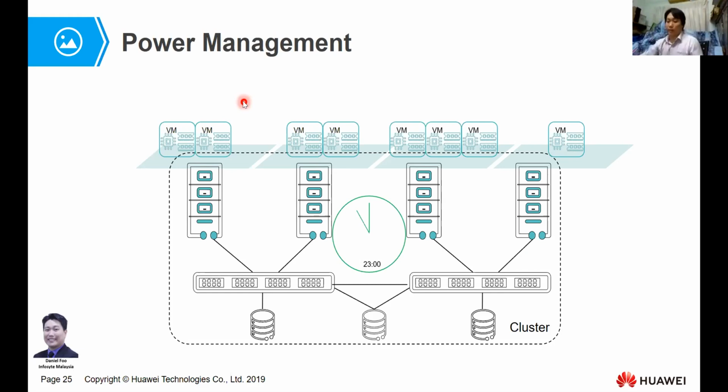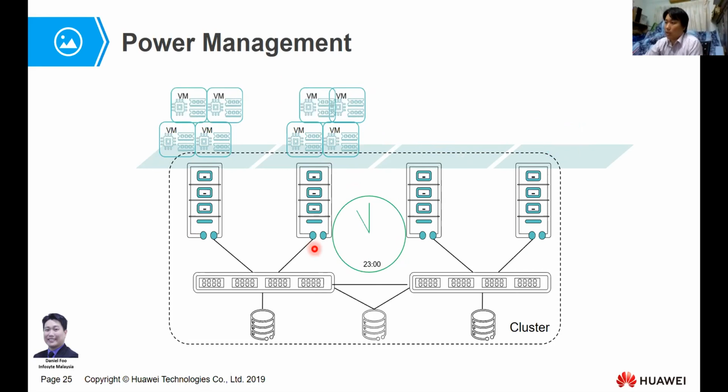When you have the extra power management feature, you can set a schedule, for example, 11 p.m. daily. What will happen when it hits the 11 p.m. schedule? The virtual machine load at night will normally be very low. So it is best to consolidate your virtual machines into a lower number of CNA nodes so that your power consumption can be lowered.